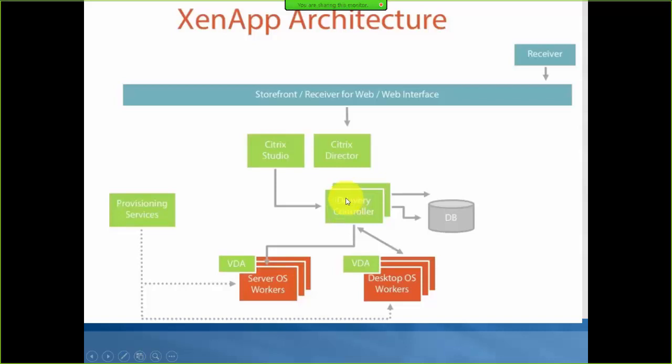Both those tasks are now done by Delivery Controller. Delivery Controller is responsible for communication of the central console called Studio, between the Studio and the database, Studio and the client side, desktop publishing, and application publishing.